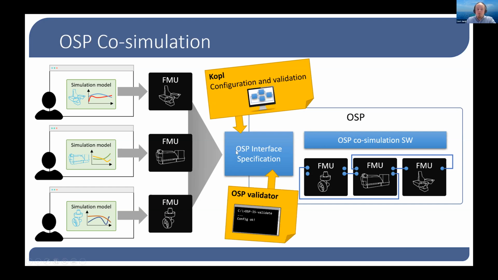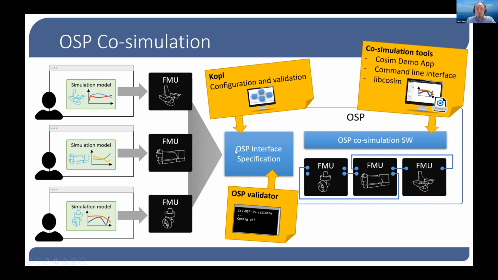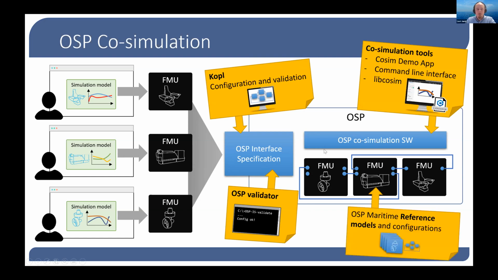To run simulation, you either use the demo application with a graphical user interface or the command line interface, or your own tool by embedding libcosim. To easily get started, you can use the Maritime reference models that include plug-and-play setups ready for simulations.